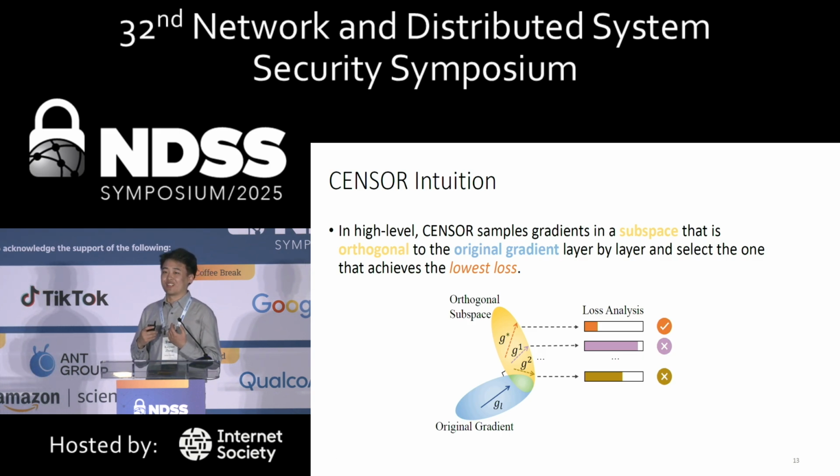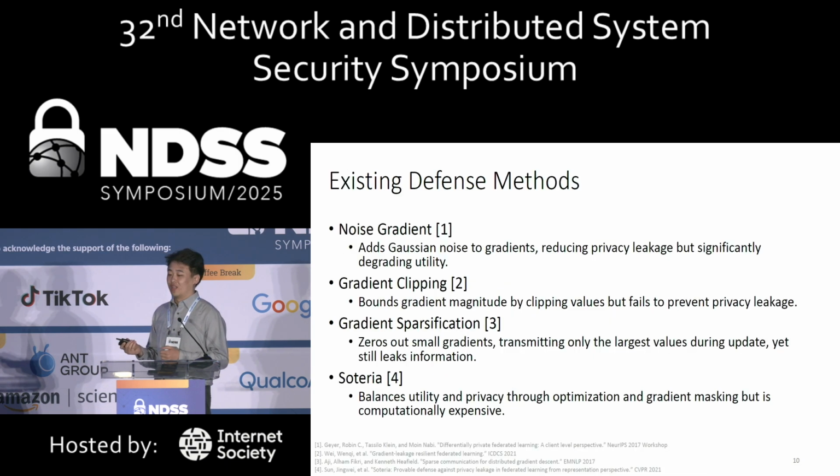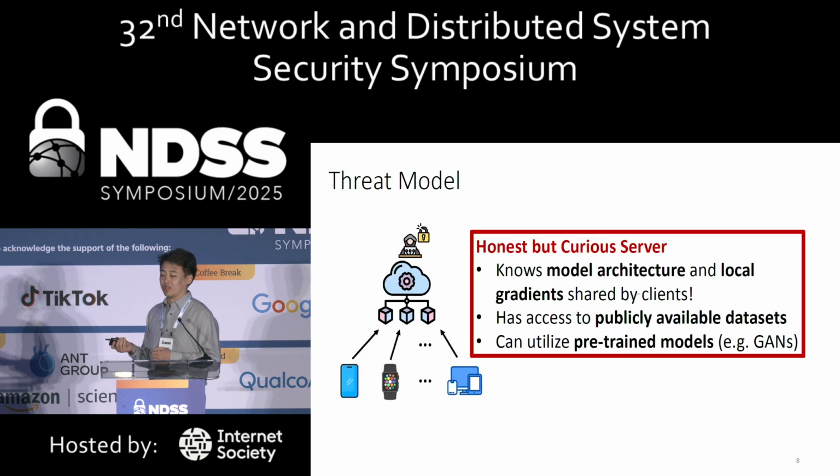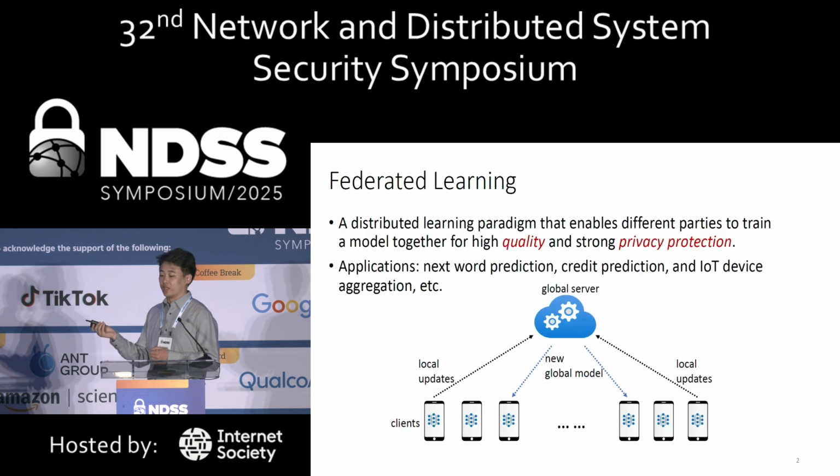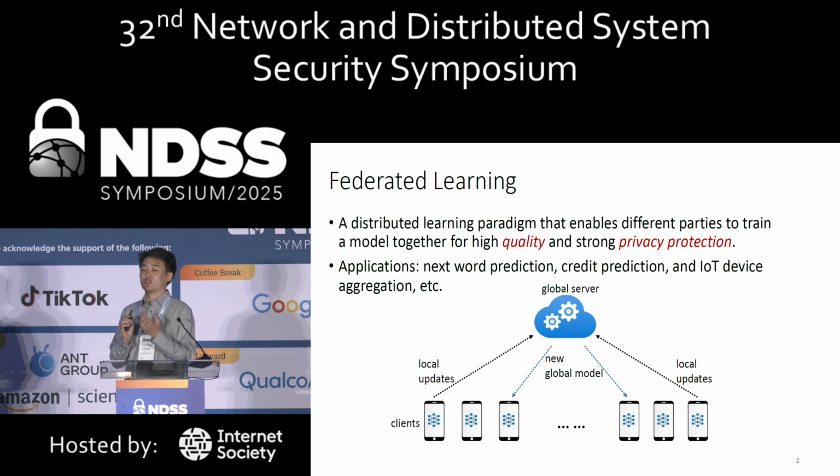First I want to thank the Internet Society. I'm one of the fellows selected by the Internet Society. One perspective is that our focus is federated learning, which is applied in real-world cases, for example Google uses it for next word prediction on the keyboard.